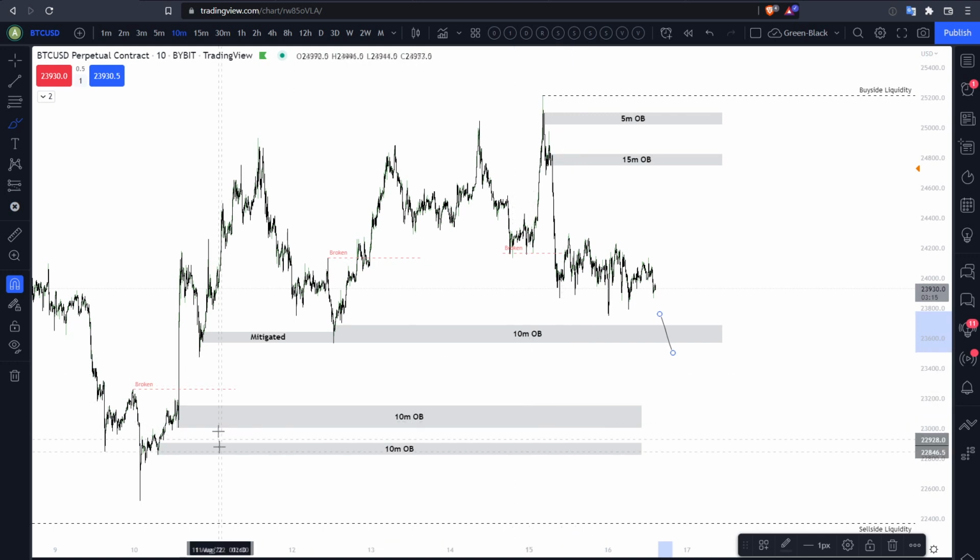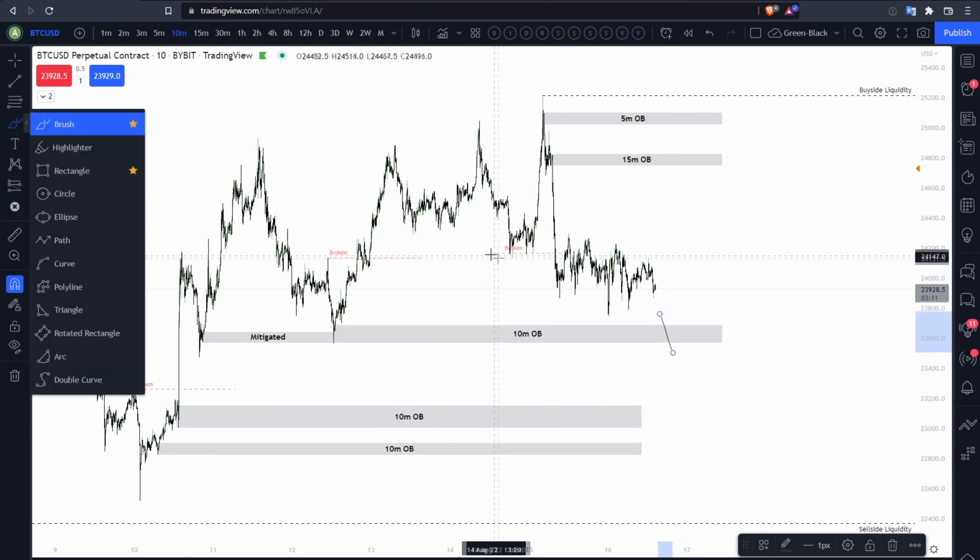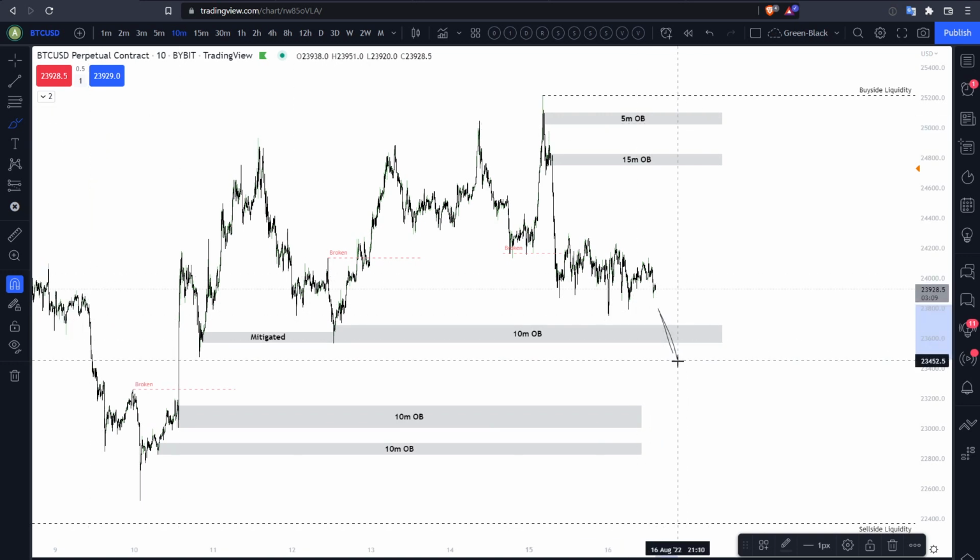So we see the last order blocks below. If the price goes through the first one, then I have a potential long setup on this order block or on the lower one.